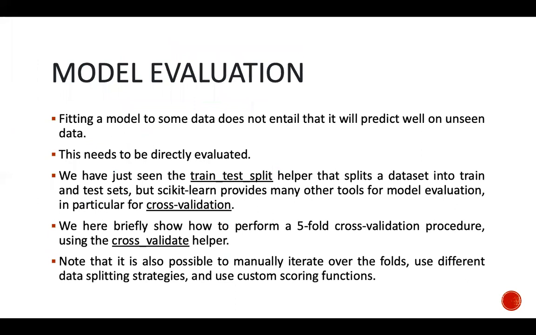Model evaluation is very important. Fitting a model to some data does not mean that it will predict well on unseen data, so this needs to be directly evaluated. We have two kinds of splitting available: one is train-test split, the other is cross validation.